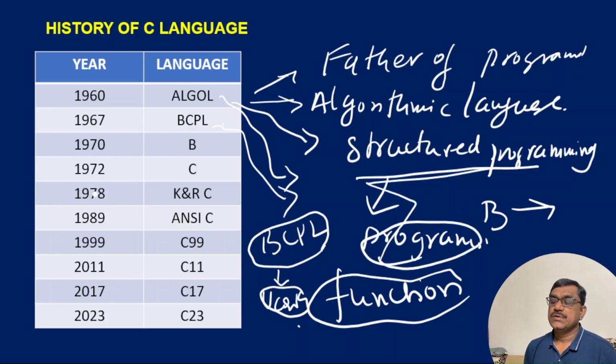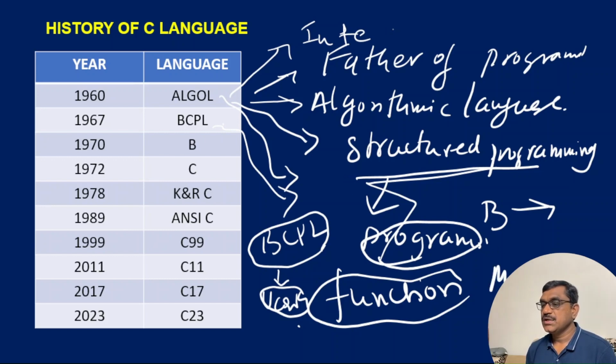Please remember that the language ALGOL was developed by an international group of scientists, BCPL was developed by a scientist called Martin Richards, and the B language was developed by Ken Thompson.